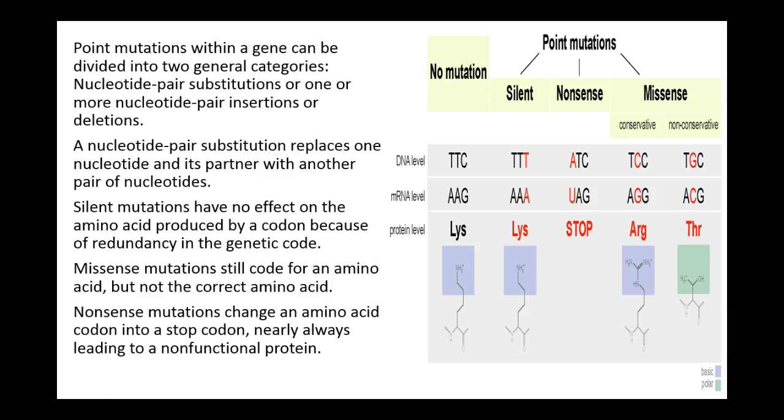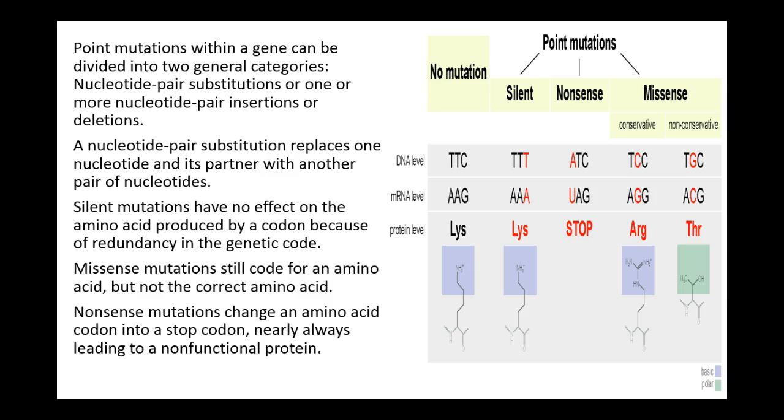It can be missense. The codon is recognized as coding for an amino acid, so it recognizes it and goes forward, but it just doesn't make the correct amino acid.